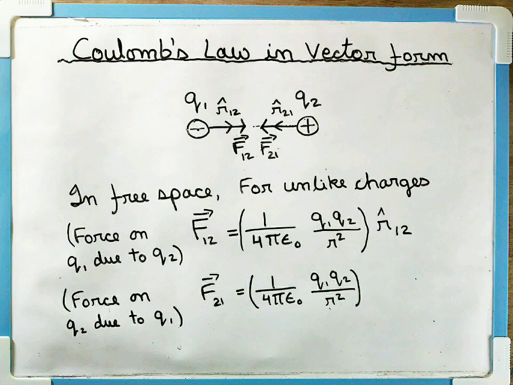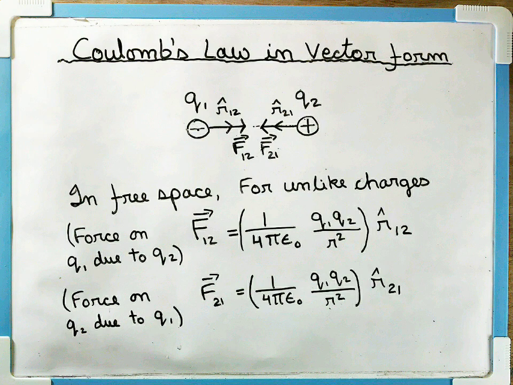So this will be a force of attraction. Similarly, the force exerted on Q2 due to the charge Q1 will be attractive in nature and will be in this direction. So F21. You can see here, if these are unlike charges, the forces are attractive in nature.